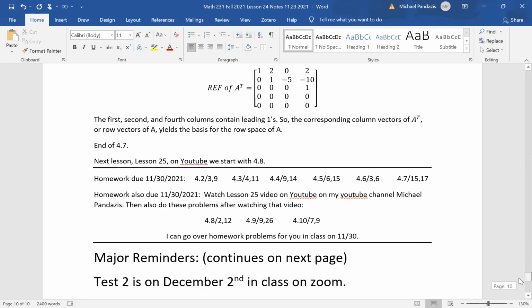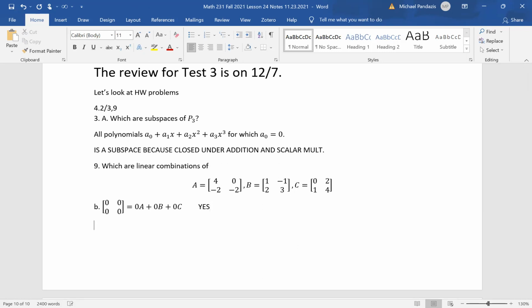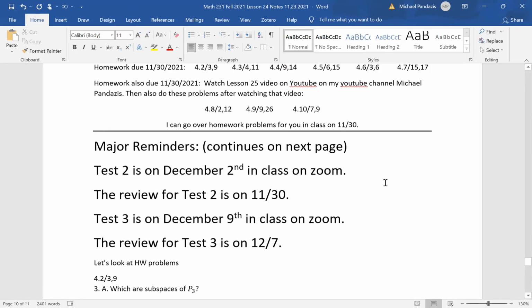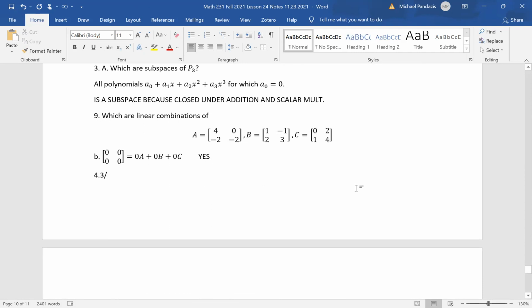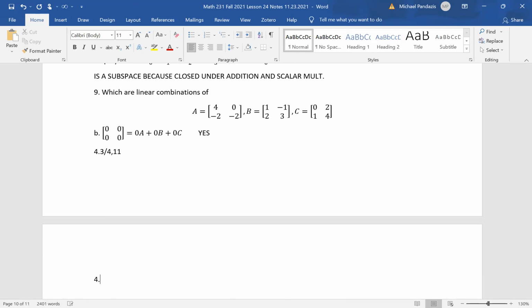Now in 4.3, we have numbers 4 and 11. And so for number 4, let's look at number 4.